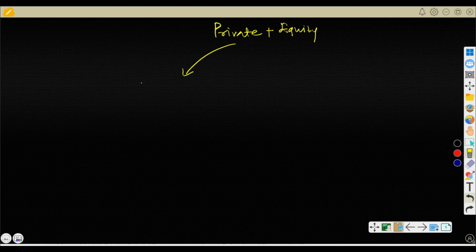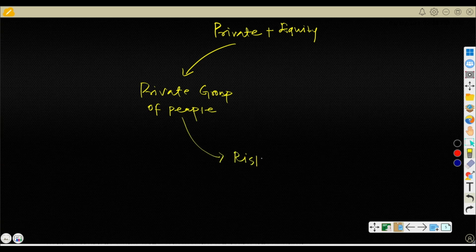Private means a private group of people who are ready to take a risk. Same people want to invest in private companies.